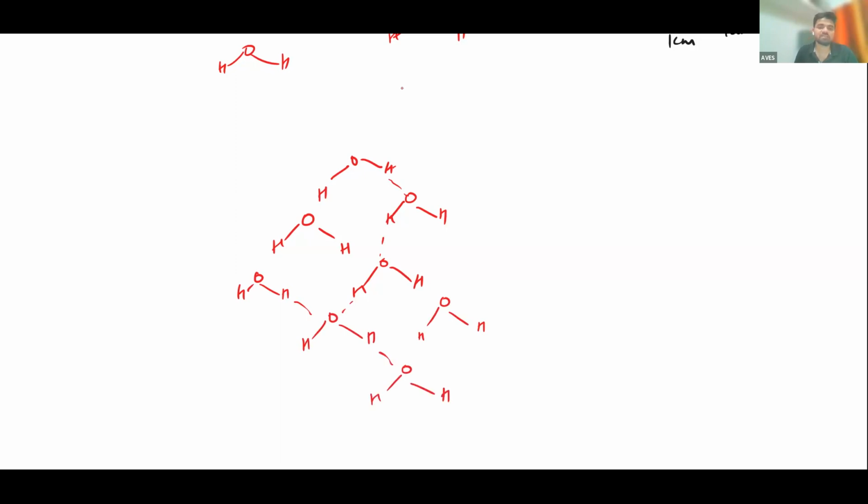And in this space here, there is no substance present. So this space is occupied by air. Okay, it means the water particles arrange in a particular pattern, and they have air inside their space. So due to that, the density decreases.